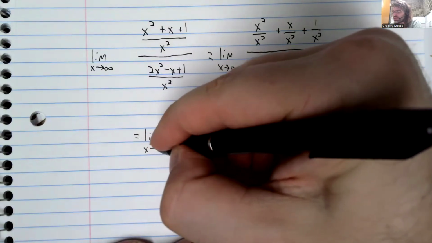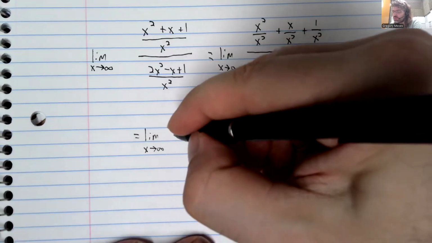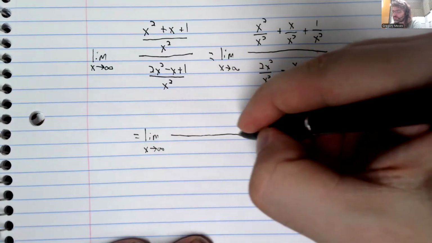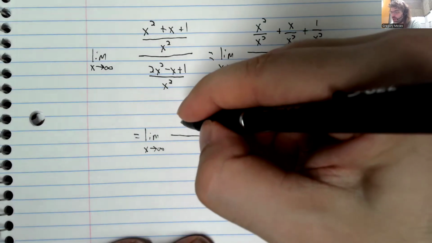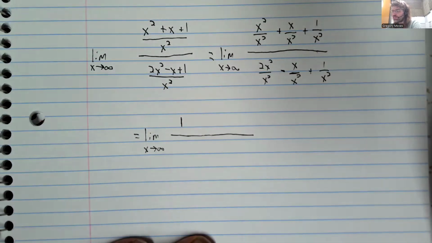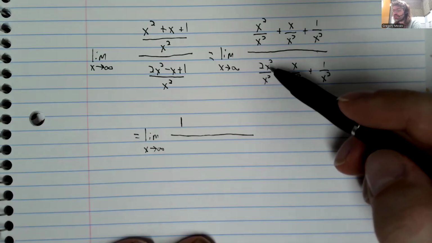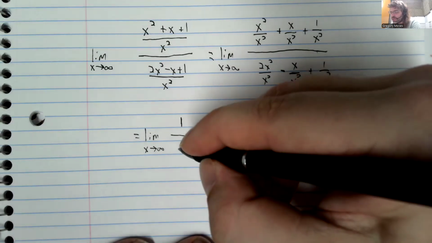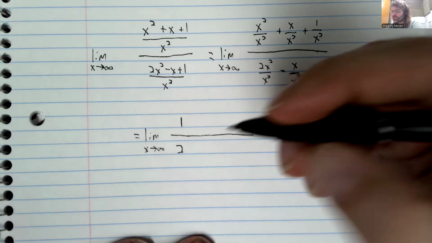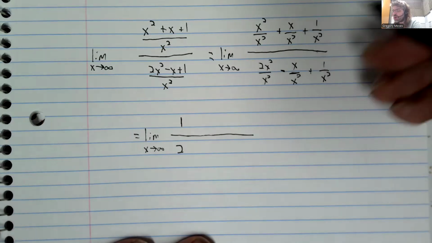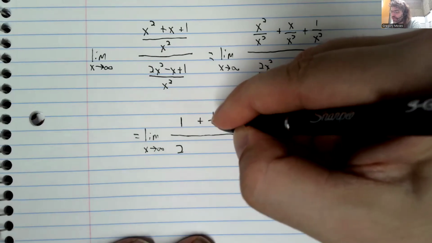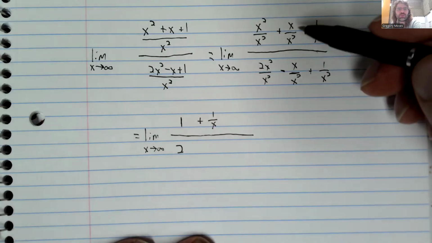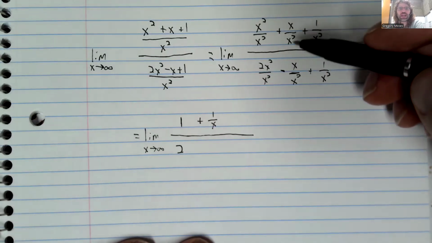So now a bunch of stuff cancels. x squared over x squared becomes 1. 2x squared over x squared down below becomes 2. Then up top, we have 1 over x. x over x squared is 1 over x.